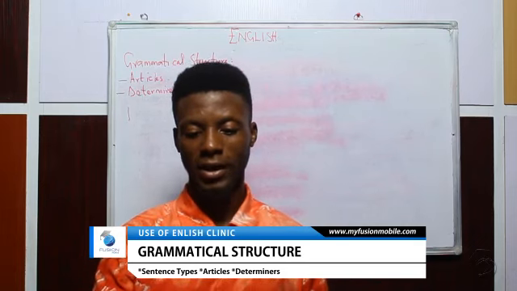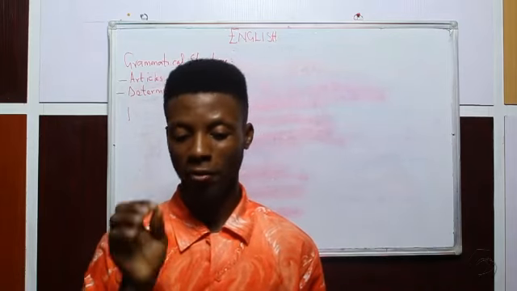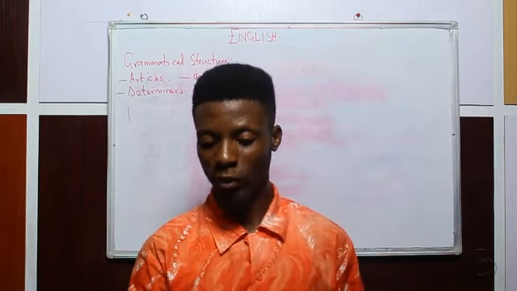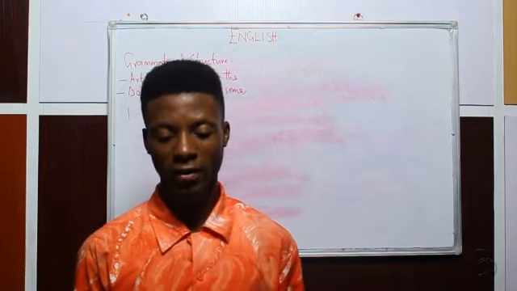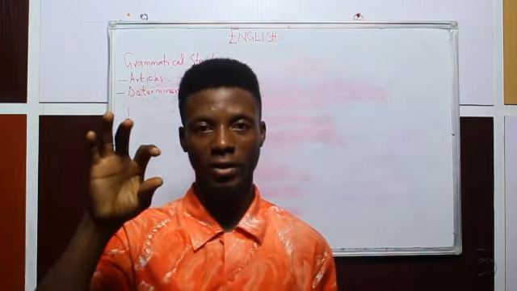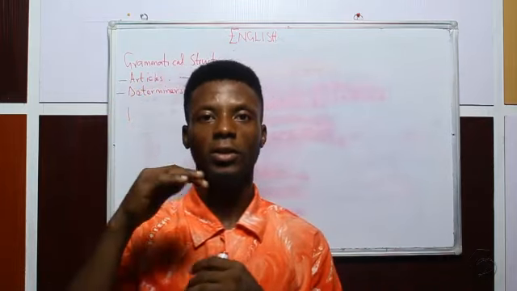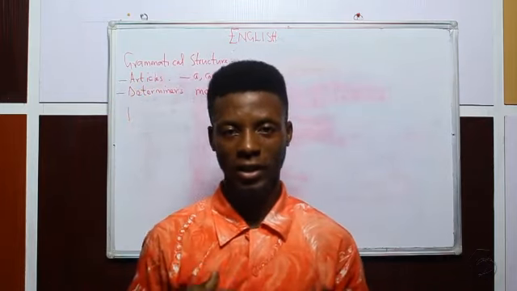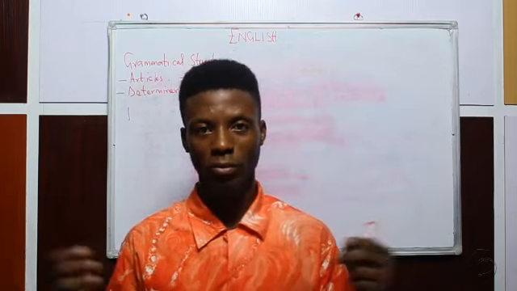The example here says any member of staff, that is, the person in particular is not stated. It is a countable noun, but the person is not stated. That is, anyone could be referred to.